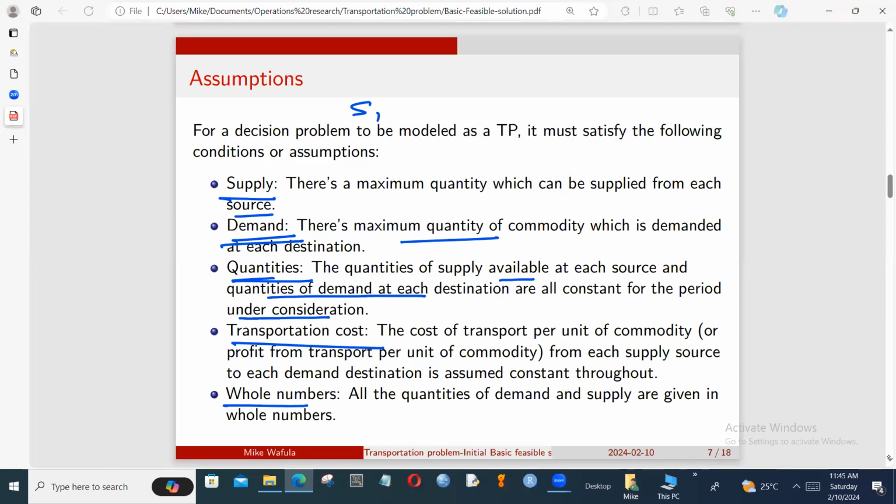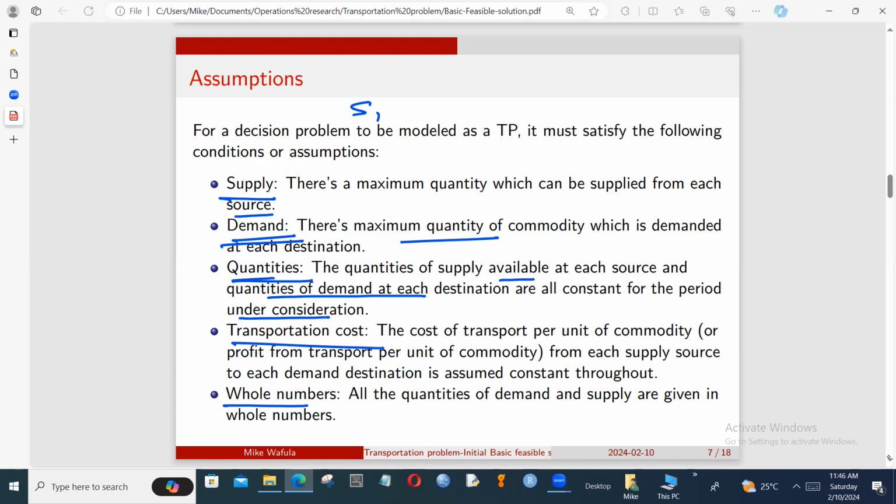So the sources are not going to be changing figures, and the destinations are not going to change the amount that they actually require. The demand and supply quantities remain constant for that period under consideration.